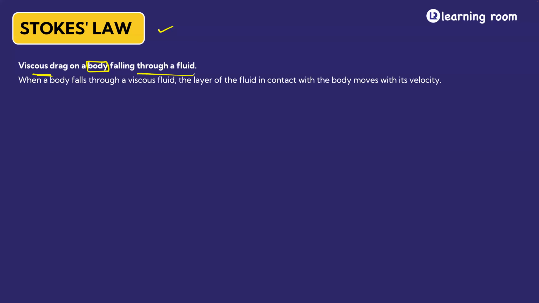Right. So when an object falls through a viscous liquid, the layer of the fluid in contact with the object also moves with a certain velocity. So listen, here it is a microscopic level. Let's say there is a small pipe like this, in which there is some viscous liquid taken.